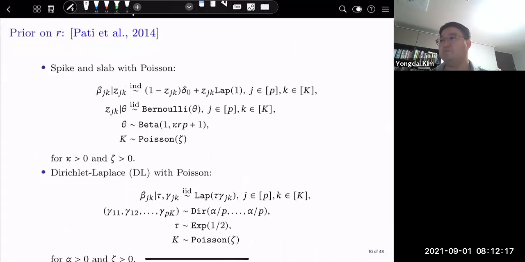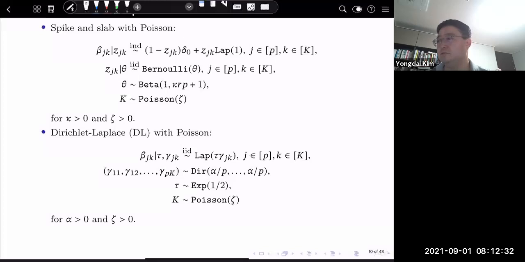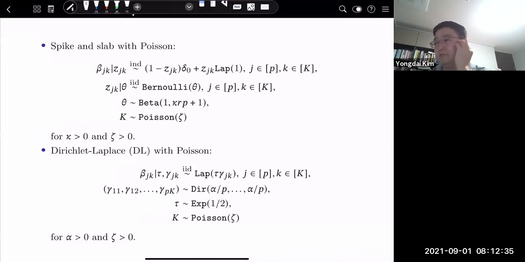And many priors are proposed which put prior mass on the factor dimensionality directly. Pati et al. in 2014 proposed two priors. One is spike-slab with Poisson, and the other is Dirichlet-Laplace with Poisson. In these priors, they use a Poisson distribution for the prior of the factor dimensionality, and for given factor dimensionality, they use sparse priors. First one is the spike-slab prior, and second one is the Dirichlet-Laplace prior.